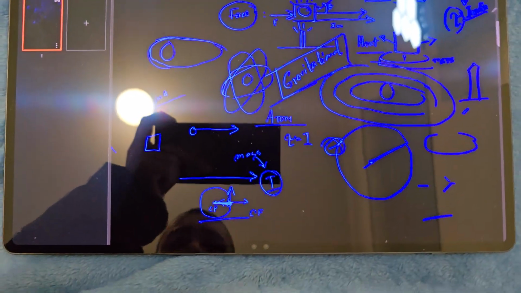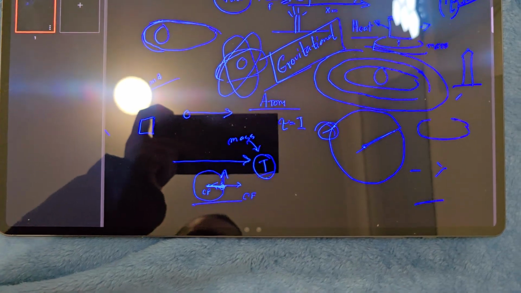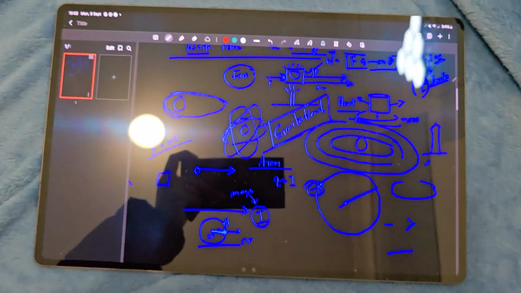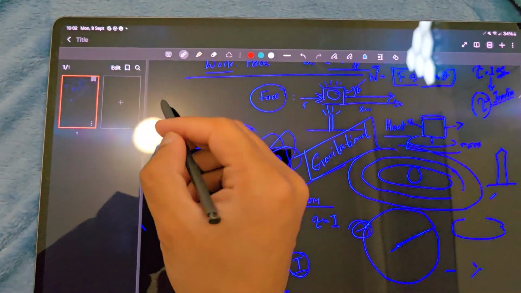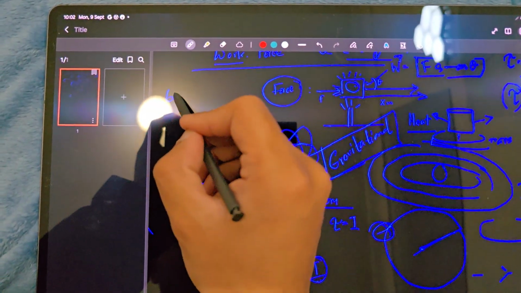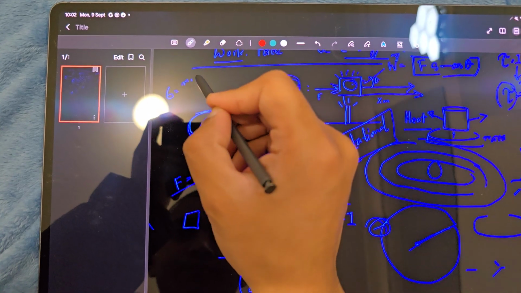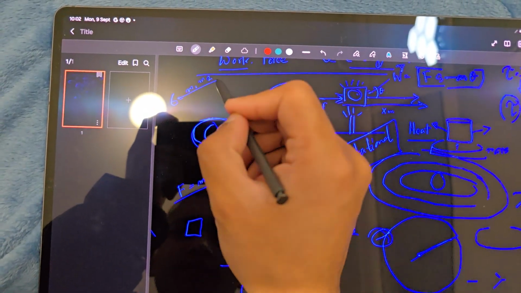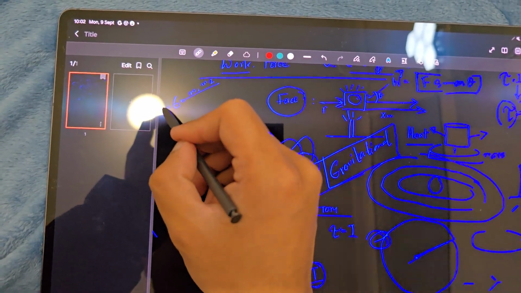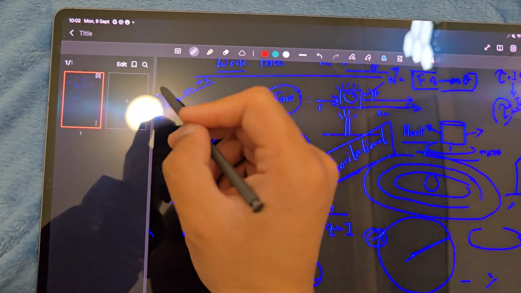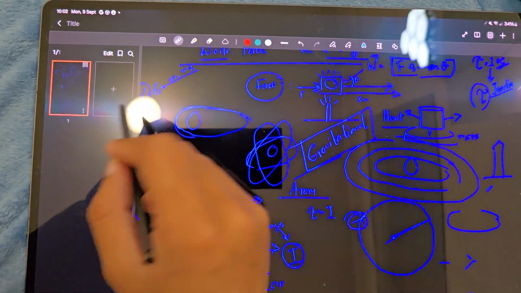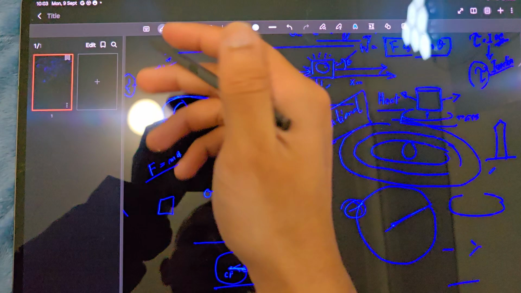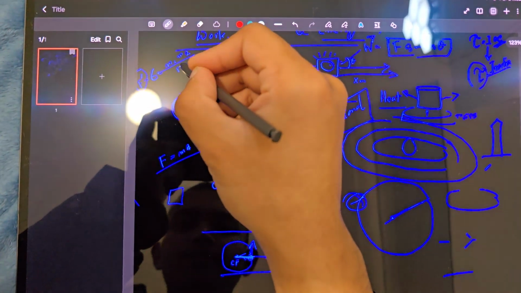So, there are a lot of laws and energies and studies regarding gravitation. Just to brainstorm, just to think about it: F equals G m1 m2 divided by r squared.